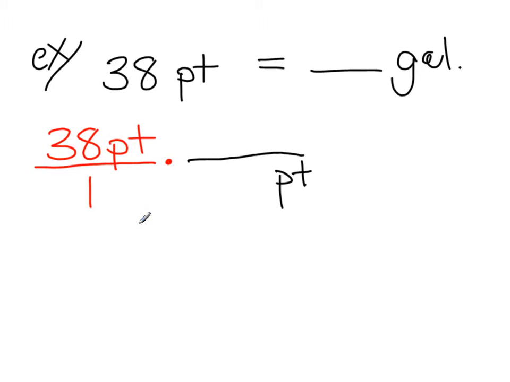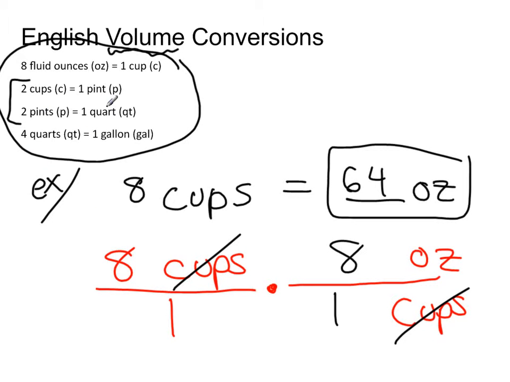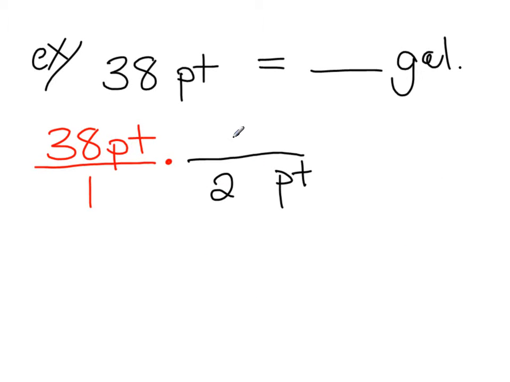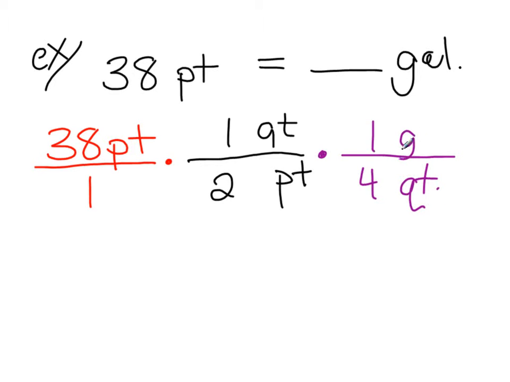There's no direct conversion between pints and gallons, but we do know how many pints are in a quart, and we know how many quarts are in a gallon. So there are 2 pints for every 1 quart. And even further, we know that there are 4 quarts in every 1 gallon.